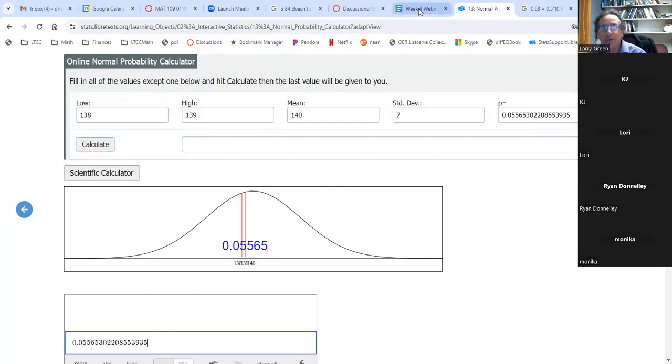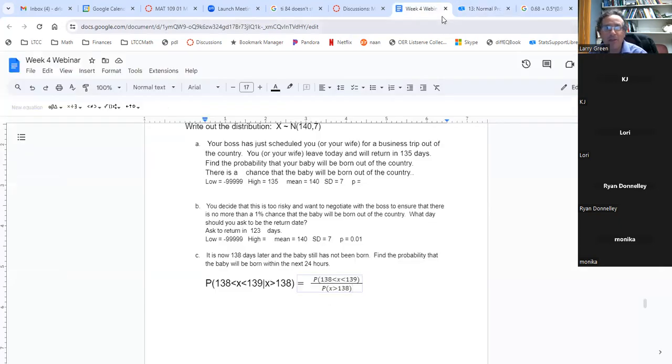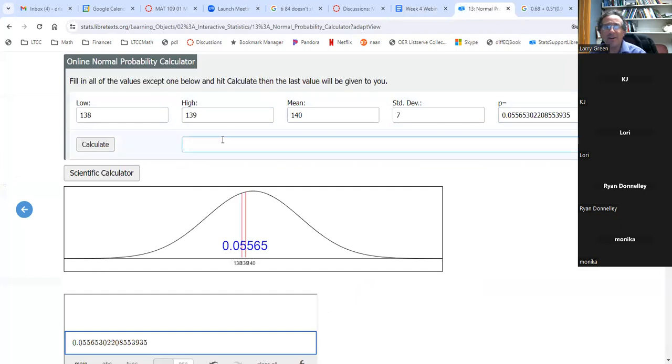And then if you remember, the denominator was greater than 138. What changes here? If I want to be greater than 138, what changes? What do I need to do?